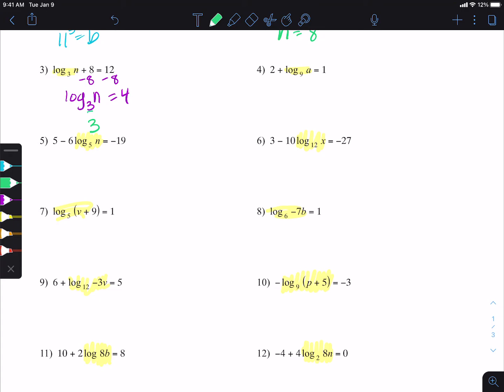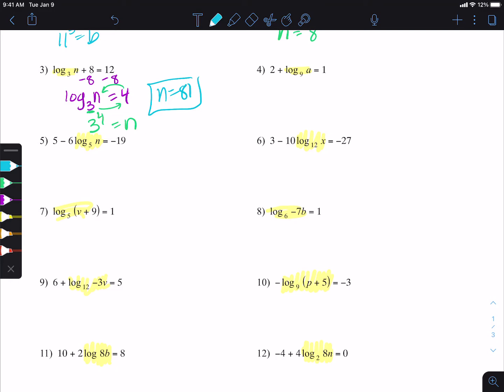So the base is 3, hop to the other side, so 3 to the 4th, hop back, equals n. Please make sure when you're writing 3 to the 4th that the 4th looks like an exponent. It's a superscript, meaning it's up above. So 3 to the 4th gives us 81, so then our n is 81.